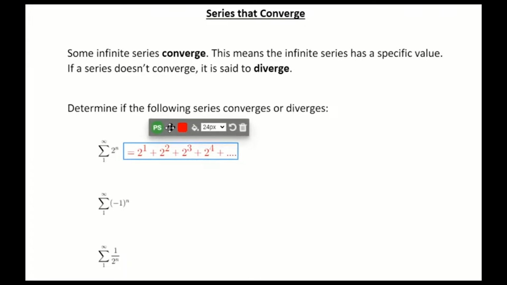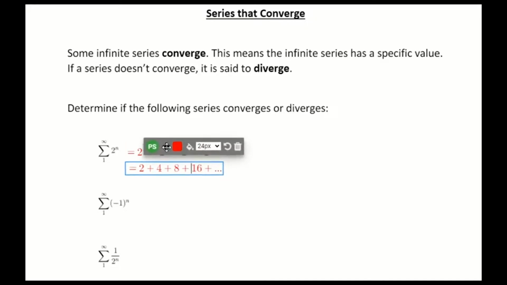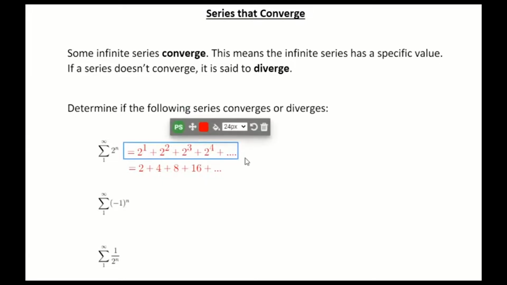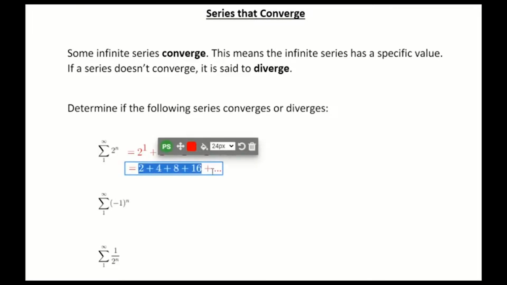And just to break this down a little bit more, so we can actually see the terms, we'd have 2 plus 4 plus 8 plus 16 plus ... So the question is, does this converge or not? Well, this one does not converge, okay? Because as I continue to add this up, the sum will tend towards infinity. Right, I'm just going to keep getting bigger and bigger values as I stack on these larger and larger numbers.